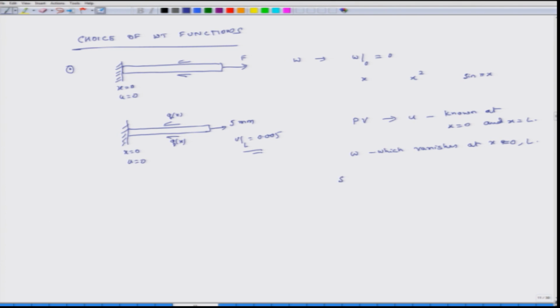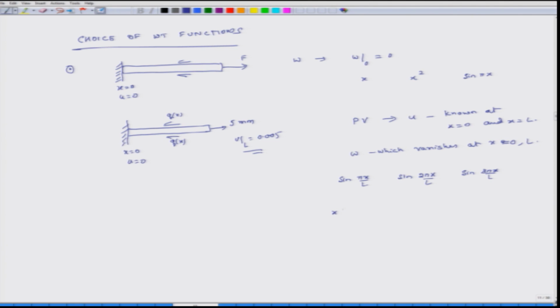So, it could be sin pi x over L, another could be sin 2 pi x over L, sin 3 pi x over L. This could be one set of functions, right.